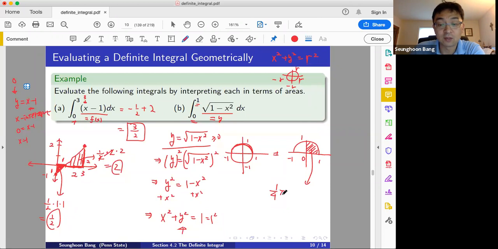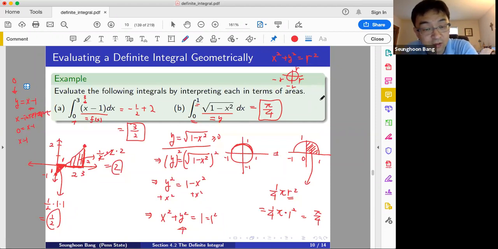The area is 1/4 times pi times radius squared, and the radius is just 1, so we have pi over 4. So that's it. The answer is pi over 4. This is the whole idea for solving these two problems.